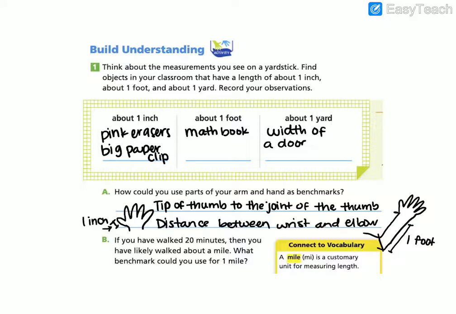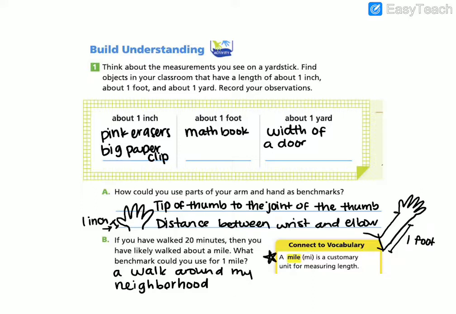So I can say a walk around my neighborhood is about 1 mile. So think about somewhere that you might walk that takes you about 20 minutes. Or it could be somewhere that takes you 10 minutes to go to and 10 minutes to come back from.